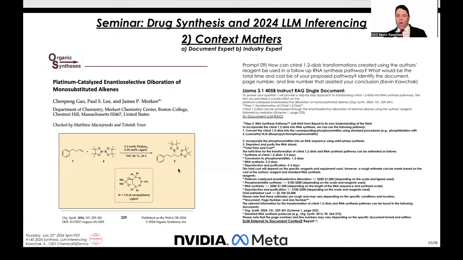Okay, so this specific one is the Llama 3.1 that came out this week. I asked Meta.ai to create the code so that I could do retrieval augmented generation on this specific paper. Okay, single document. It starts to answer your question. Now, this first part is more of a formality with the 1,2 diols and these types of things.